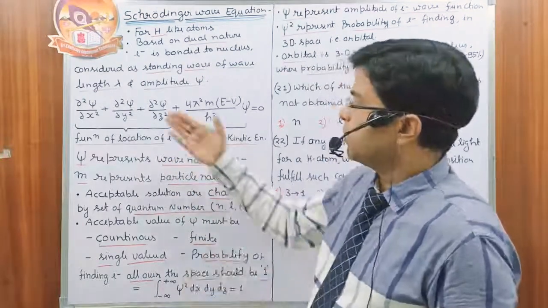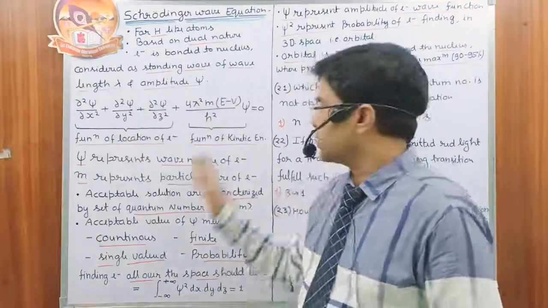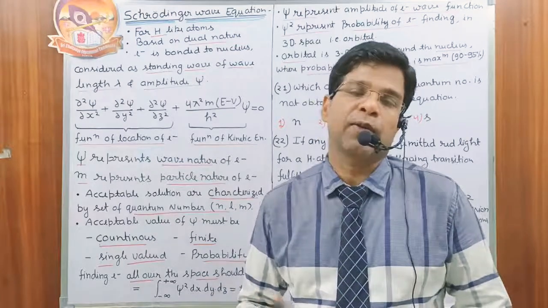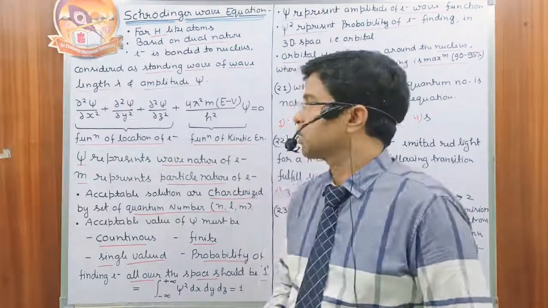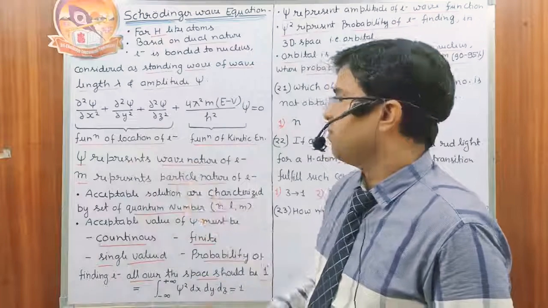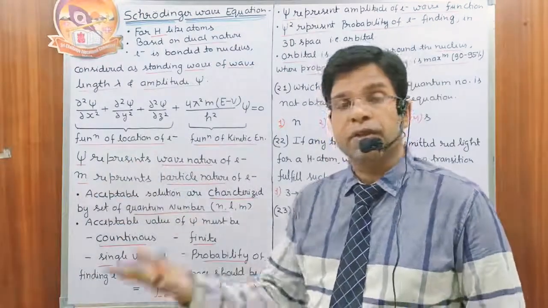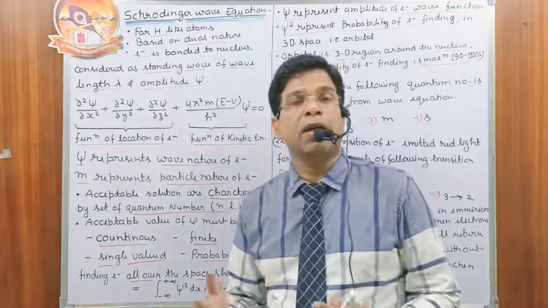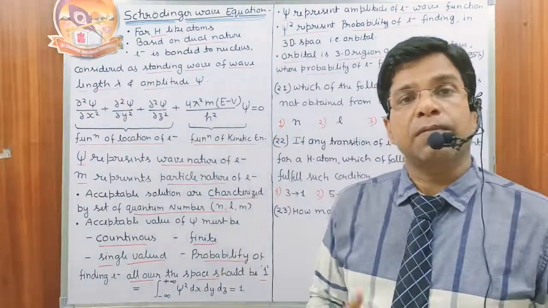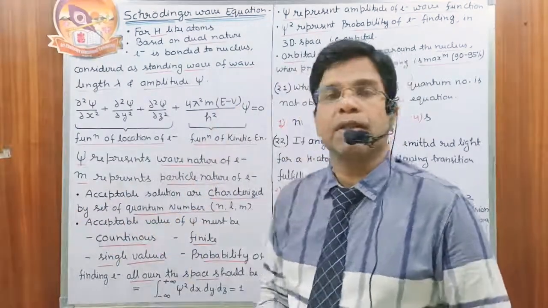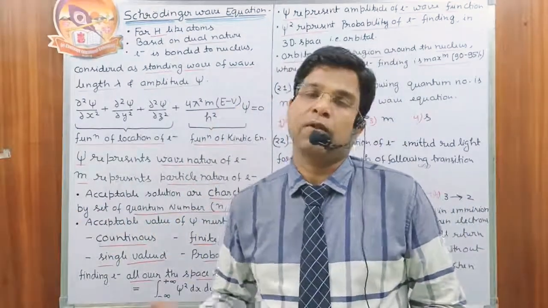At the same time we have the location of the electron, and at the same time we have the kinetic energy of the electron. If we know the kinetic energy, we can know the velocity and momentum. Psi represents the wave function of the electron, the amplitude of the electron wave function. So psi represents the wave nature of the electron, and m represents the particle nature of the electron because it is the mass of the electron.